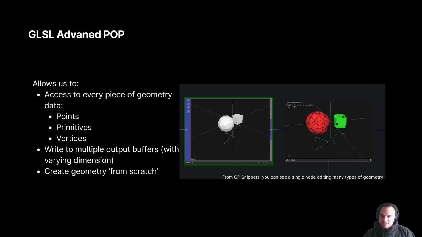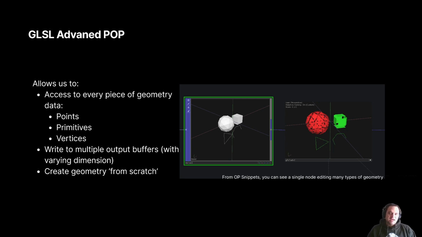We're going to look at the GLSL Advanced POP. And now, what is so interesting about this POP? Well, most POPs in TouchDesigner act only on one type of geometry, meaning primitives, points, or vertices. Now, the GLSL Advanced POP allows us to act on all of those things at once.